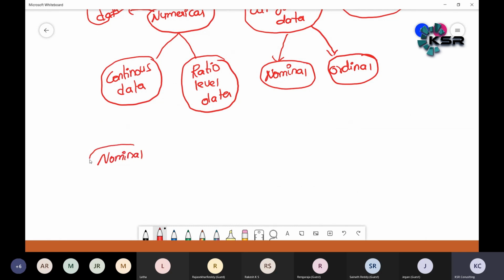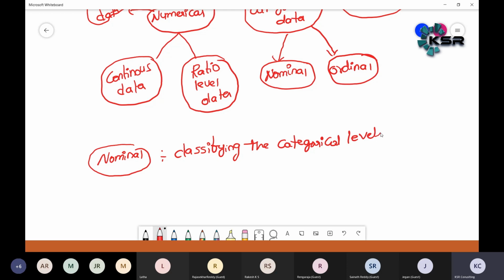Nominal. The definition is very simple. Classifying the categorical levels of a data is called nominal data.